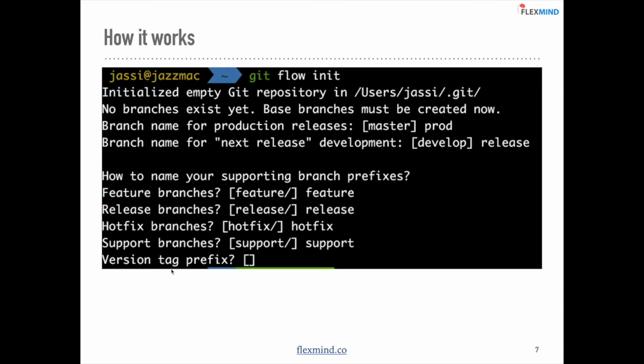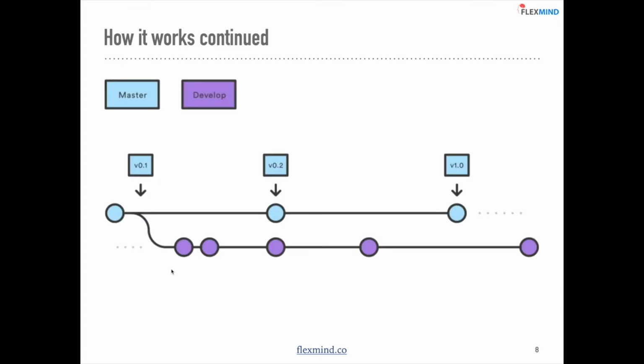Now imagine there are only two branches: the main branch, which is generally master, and the other is a develop branch. You would work on the dev branch, as shown here in purple, and then you will merge with the master, shown here as, let's say, version 0.2.